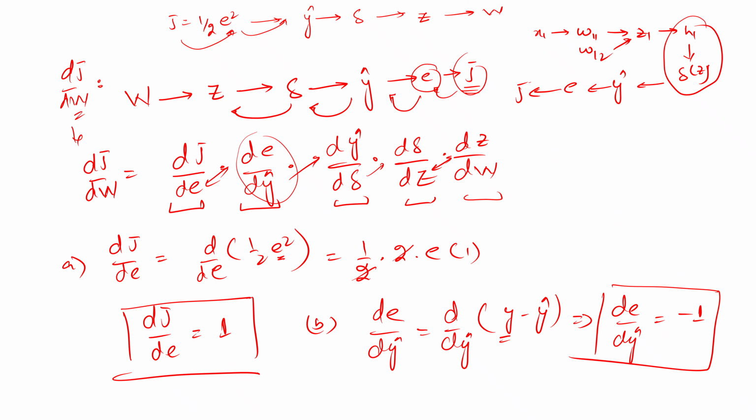Let's go to the next slide. The third one is dy hat with respect to d sigma. Now this is also easy because we know that y hat is actually the output, v transpose h, right?